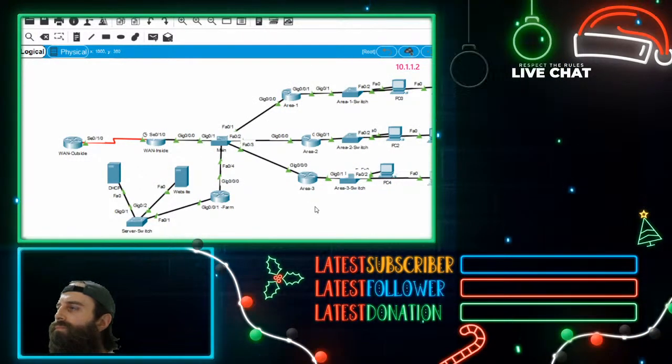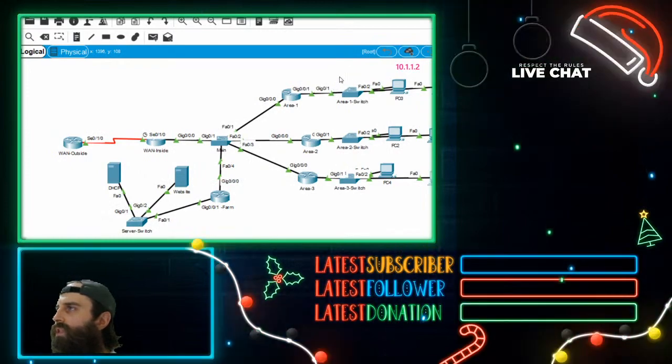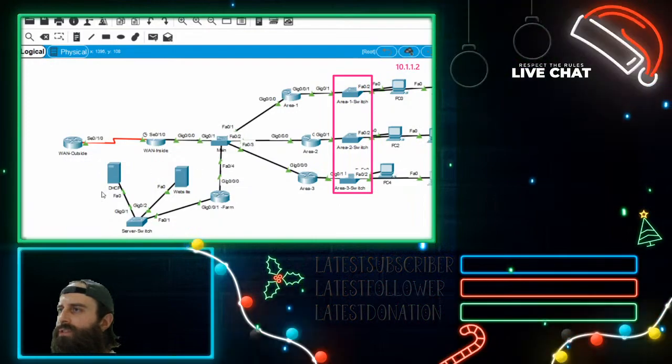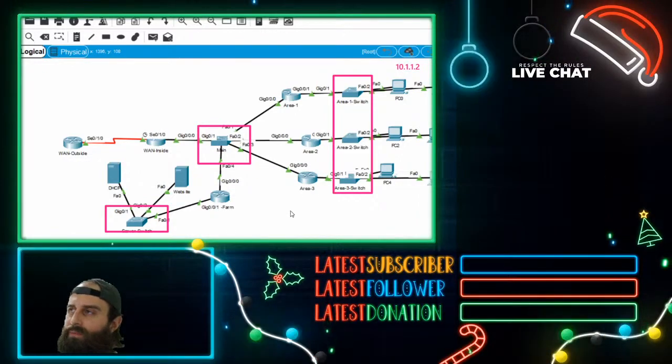All right. And again, we only use these switches. All the switches that we have in our topology here, we're using them just as layer 2 switches. We didn't get into anything layer 3 because we haven't talked about layer 3 yet.